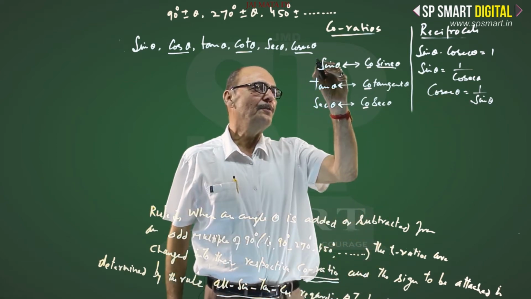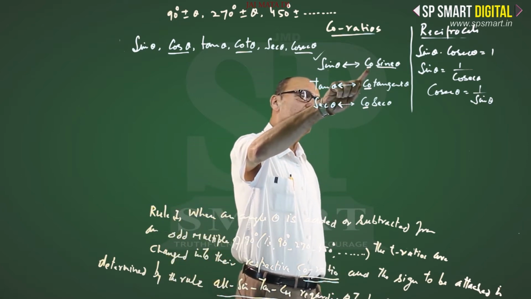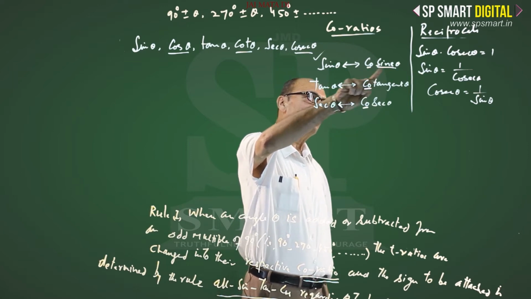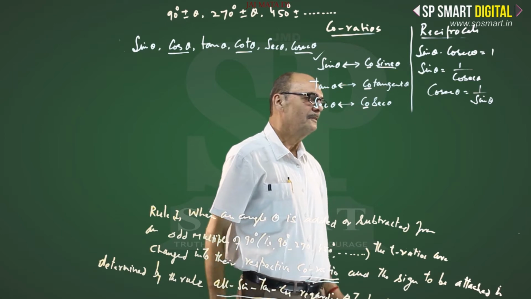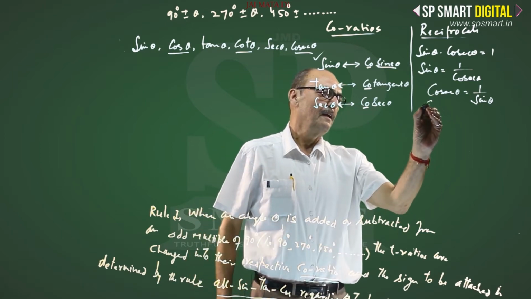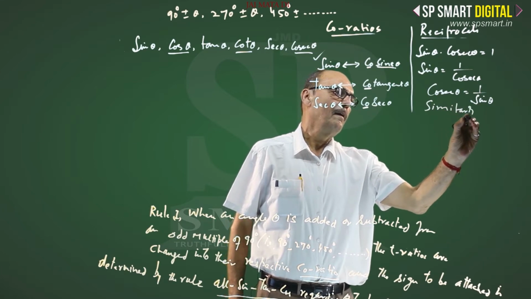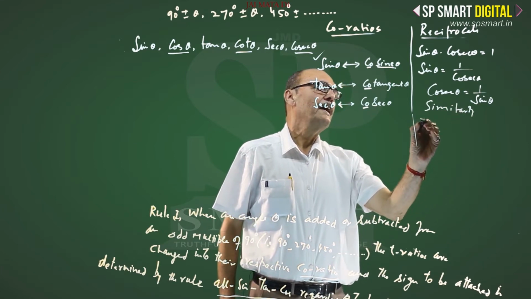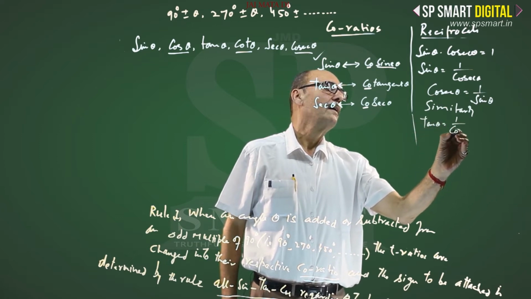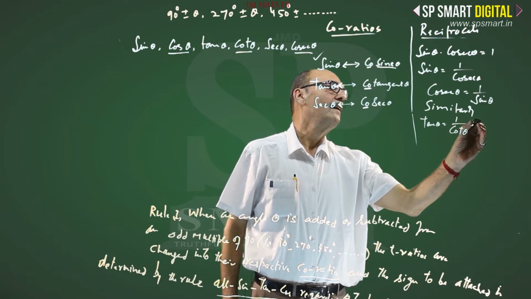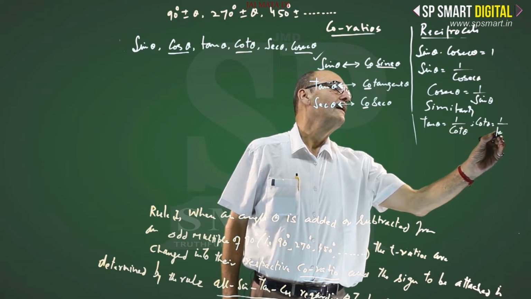But here if you see sin theta, its co-ratio is cosine theta, but its reciprocal, which we have read in class 10, is cosec of theta. Similarly, tan theta equals 1 by cot theta and cot theta equals 1 by tan of theta.